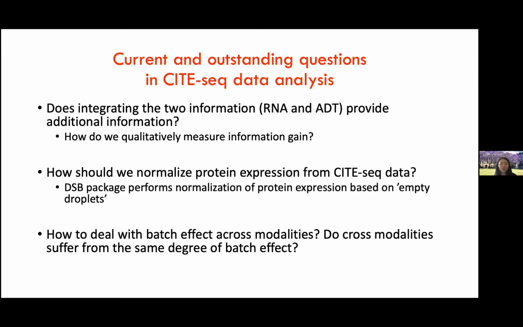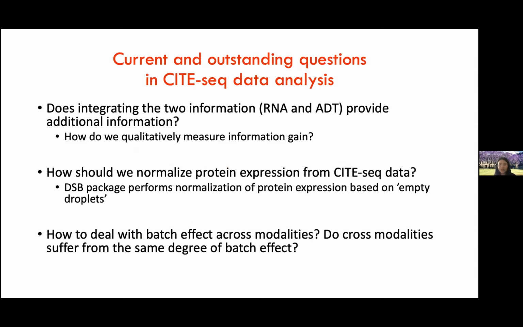We are also aware of some other outstanding questions in CITE-seq data analysis that we are currently working on and trying to implement in the CiteFuse package. For example, how do we evaluate the information gained from RNA-seq and ATAC-seq? And how should we normalize the protein expression data from CITE-seq data?